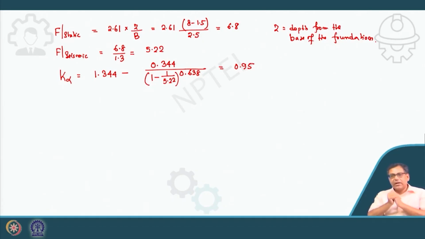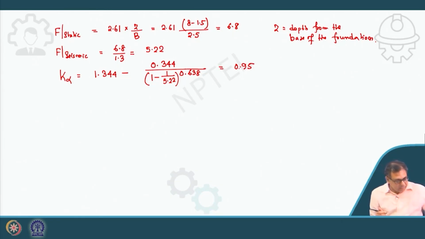That means at a depth where the effect of this external load or building load is 0, or there is no stress effect at that particular depth due to the building load, then your K alpha will automatically come to 1, because in that case your factor of safety will be so high. So this part will automatically come to 1, because there is negligible effect of the external stress.